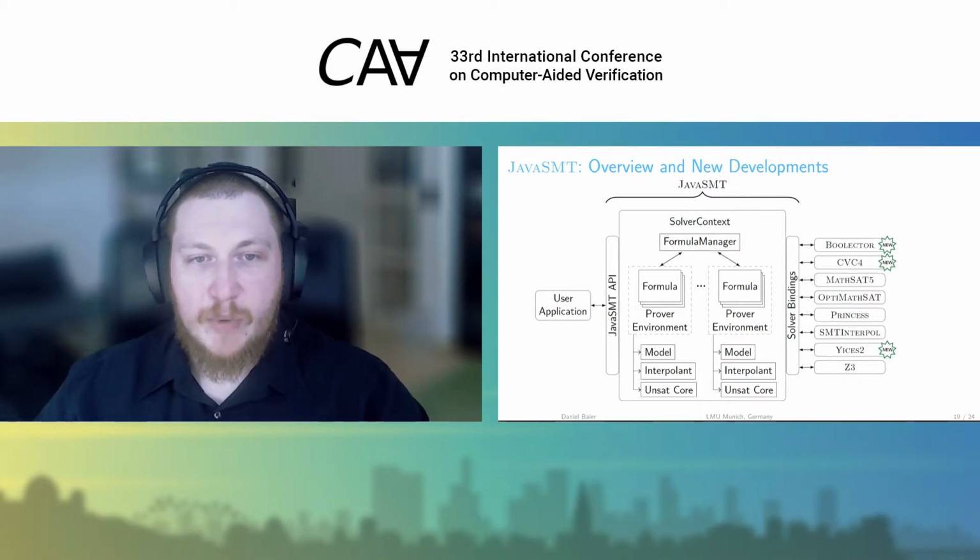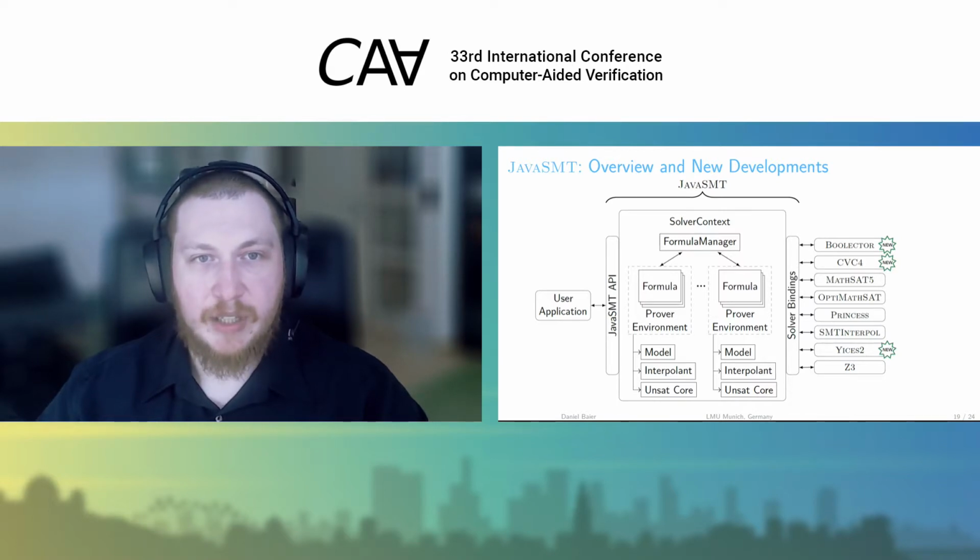CVC4 boosts the versatility of JavaSMT as it offers all major theories. Moreover, Yices2 shows good results in general and offers most binary API features. And lastly, Boolector and soon Yices2 can be configured with multiple backend SAT solvers such as MiniSat or PicoSAT in JavaSMT.